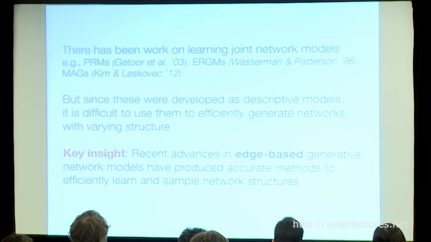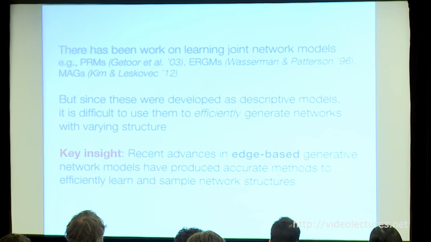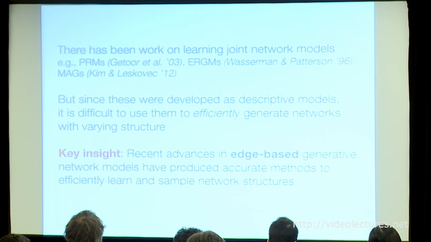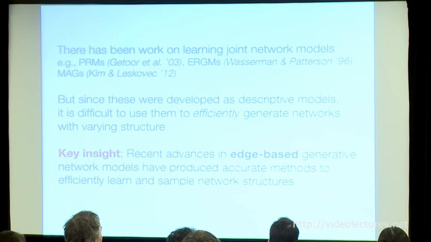But our key finding, or our key insight, was that in order to sample effectively from this full joint distribution, we could really exploit these recent advances in edge-based generative models of network structure to approximate sampling from this really complicated joint distribution.